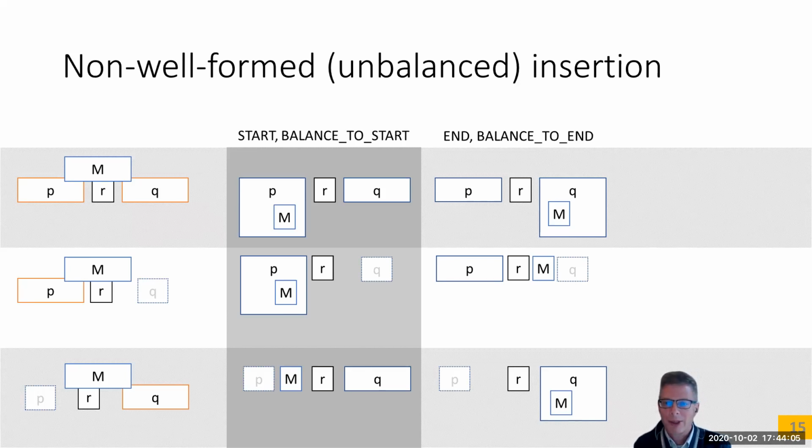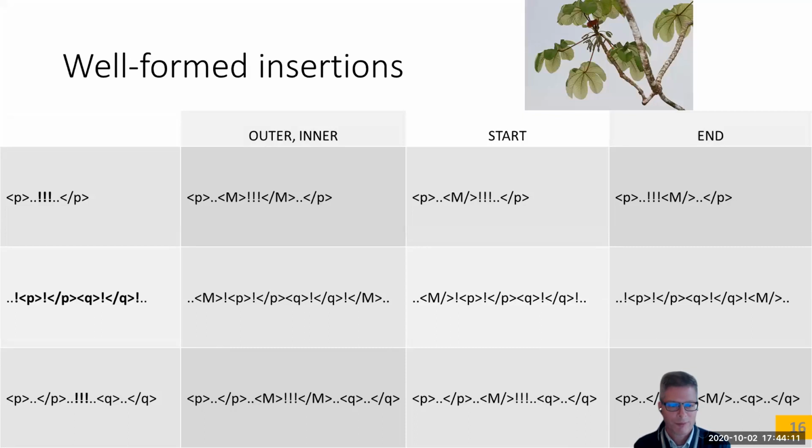So this may be a bit abstract, so let's have a look at what this looks like in an actual XML document. Here we have a recognizer for one or more exclamation marks, and we want to surround these exclamation marks, mark them with an M element.